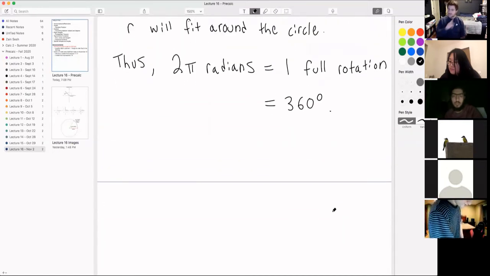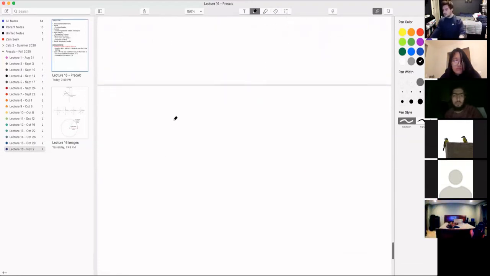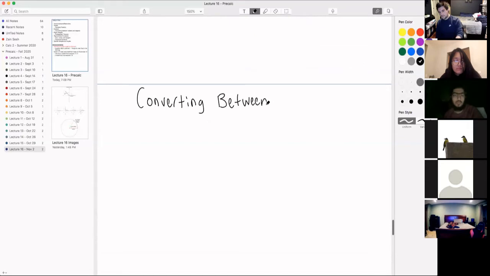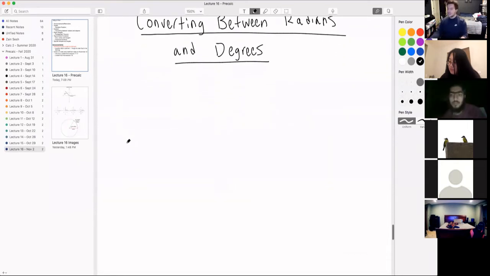It will be very useful to know how to convert from radians to degrees and vice versa, from degrees to radians. First, let's talk about radians to degrees.